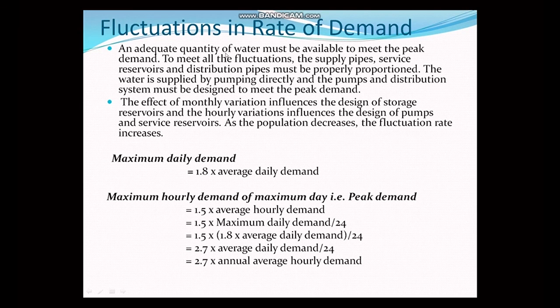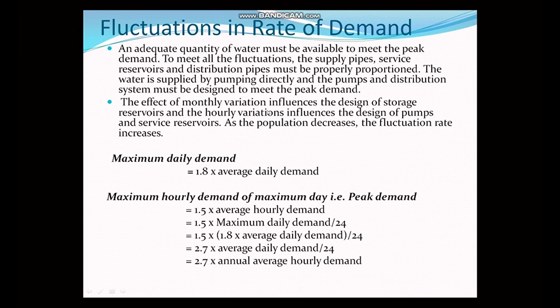An adequate quantity of water must be available to meet the peak demand. To meet all the fluctuations, the supply pipes, service reservoirs, and distribution pipes must be properly proportioned. The water is supplied by pumping directly, and the pumps and the distribution system must be designed to meet the peak demand.